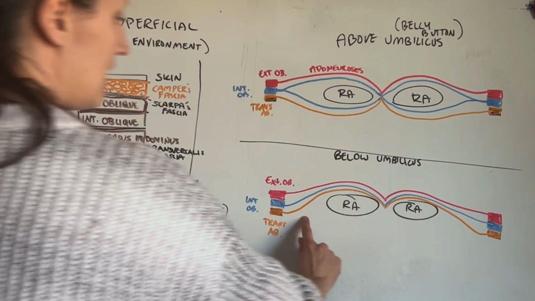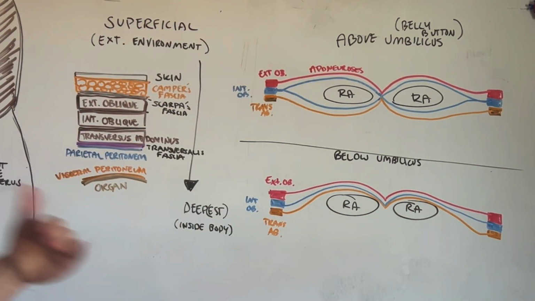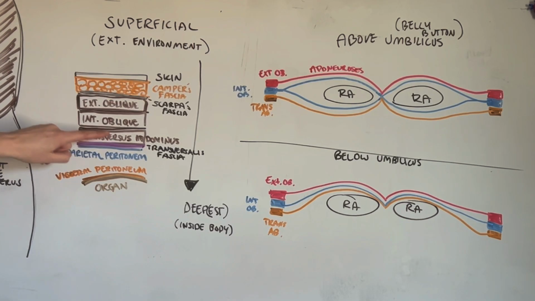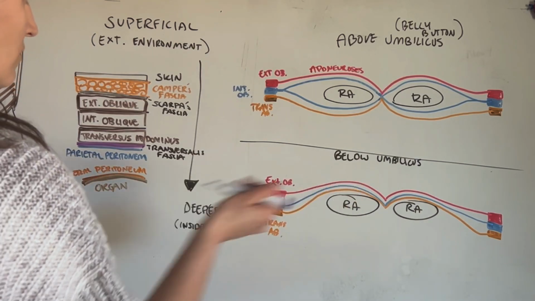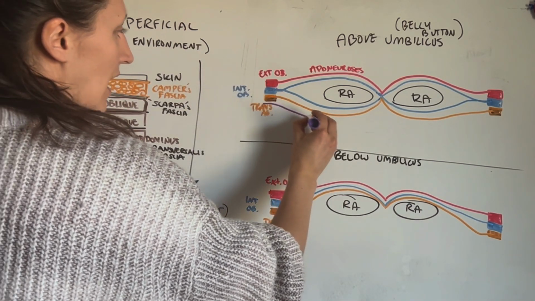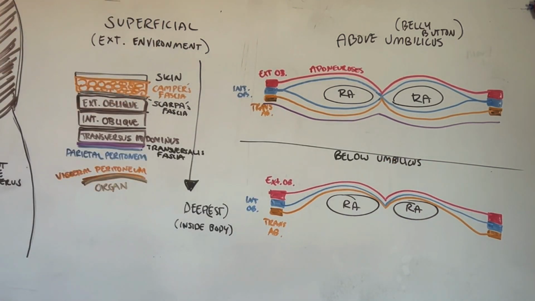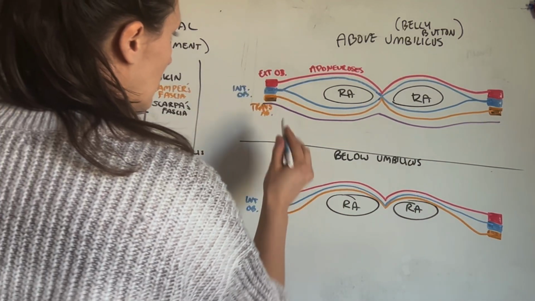So what is behind here below the umbilicus? Well, I'm going to bring us back to this picture where we had transversalis fascia and parietal peritoneum. So behind or deep to my transversus abdominis muscle is always transversalis fascia. So transversalis fascia is back here. What else is back there? Well, parietal peritoneum, which I'm going to change its color to a lighter blue because we already have blue in this picture.